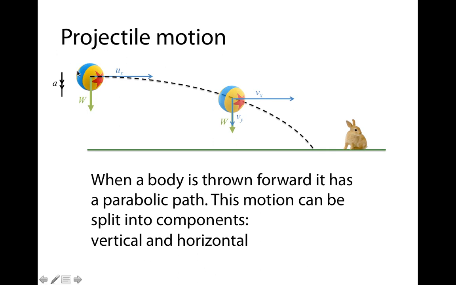On the other hand, vertically, there is a big difference because there is a force acting vertically. It may start off, in this case, with 0 vertical velocity, but over time, since there is a force acting in that direction, it will grow. And those two motions added together, the constant horizontal velocity and the increasing negative vertical velocity, create this parabolic curve.